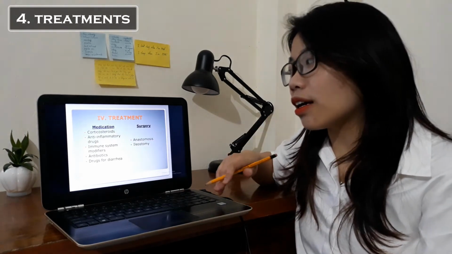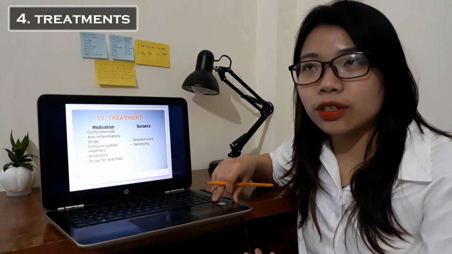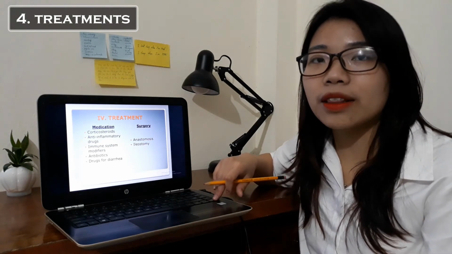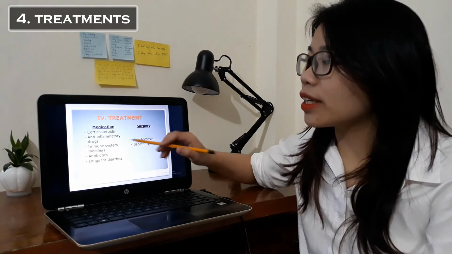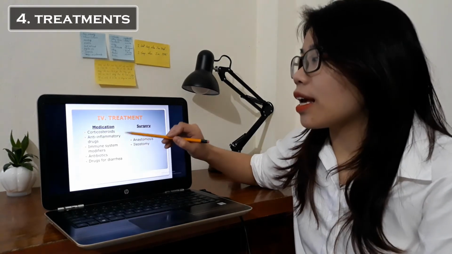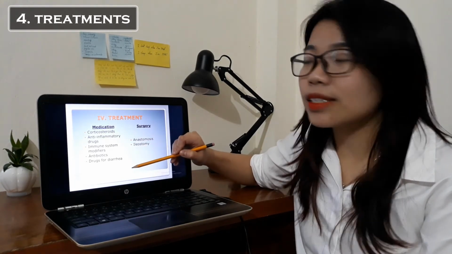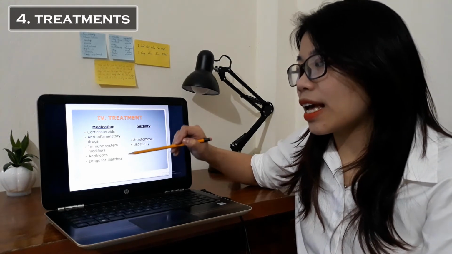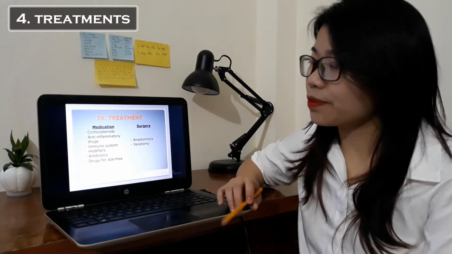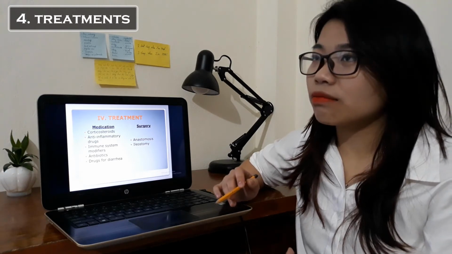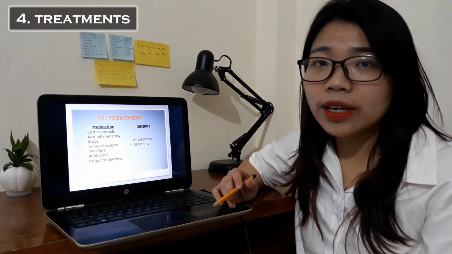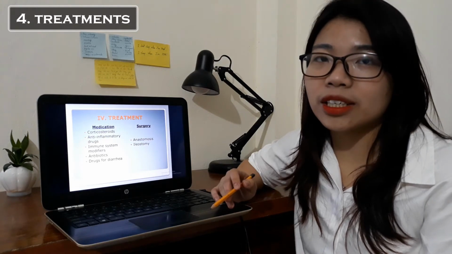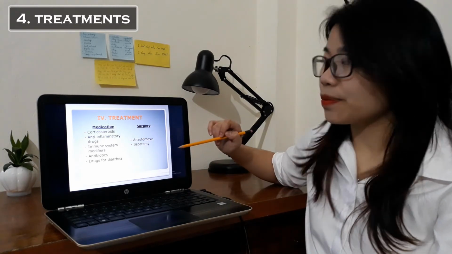Okay, Crohn's disease is commonly treated with medication, including corticosteroid, anti-inflammatory drugs, immune system modifiers, antibiotics, and drugs for diarrhea. But if the medications don't work, you will need operation or surgery.